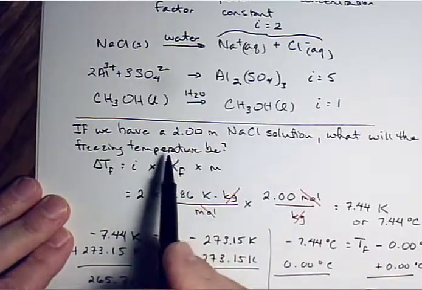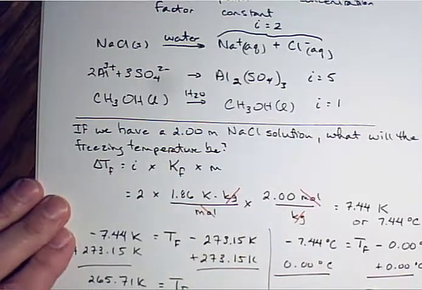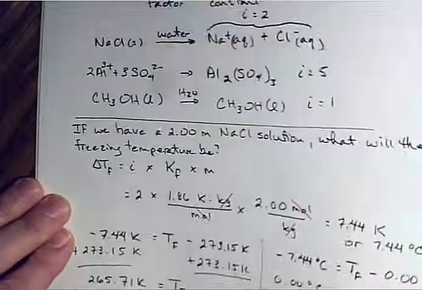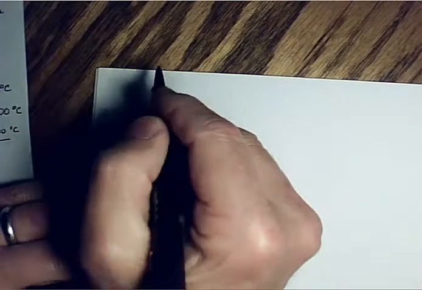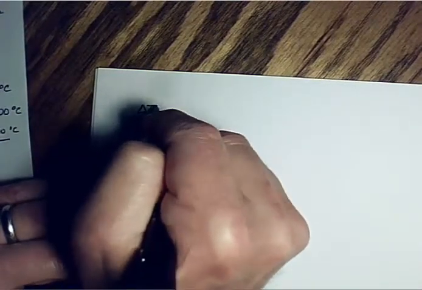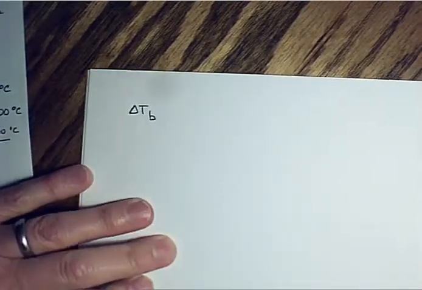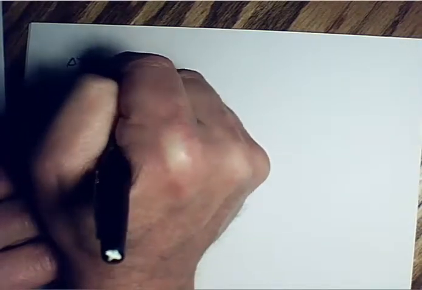Let's find the boiling temperature of this solution. Okay? So we have a 2 molar solution of NaCl. So now we have a change in temperature for boiling. Okay, that's what delta T sub B means.